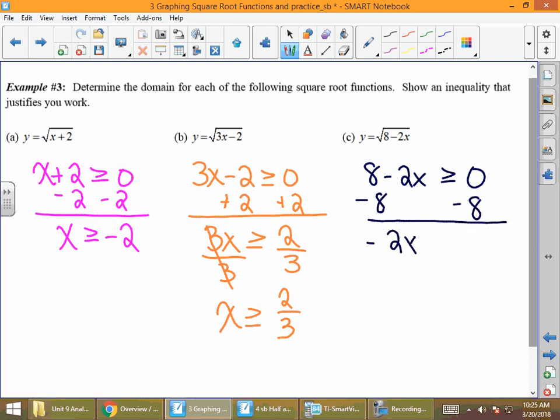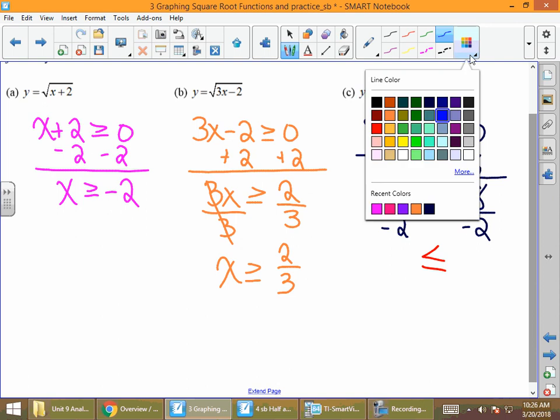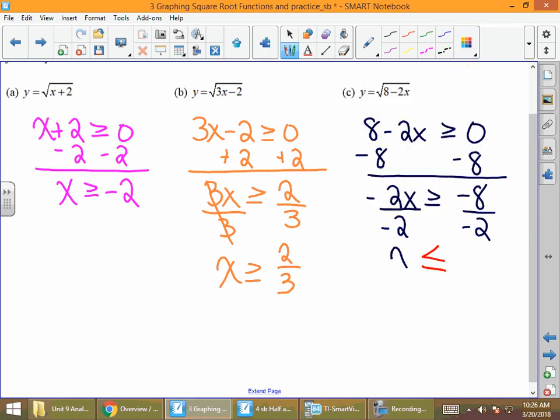We get -2x is greater than or equal to -8. When we divide both sides by -2 in an inequality, because we divided by a negative, the direction of the inequality changes. And in this particular case, we get x is less than or equal to -8 divided by -2, which is +4.